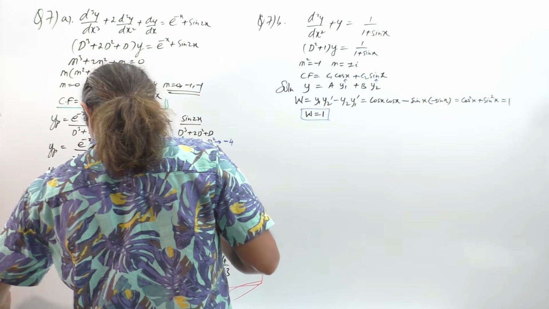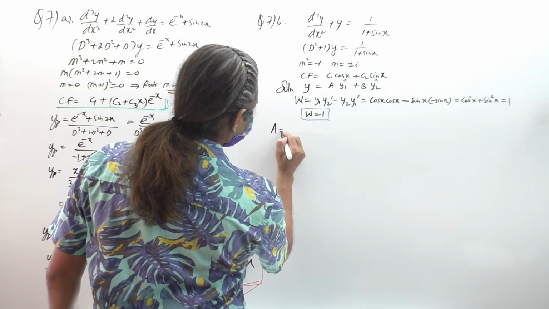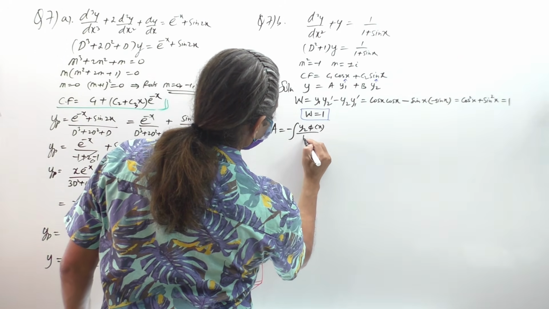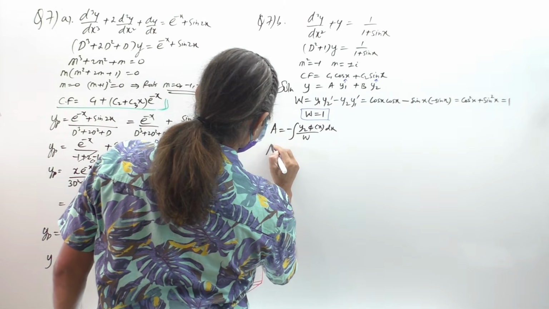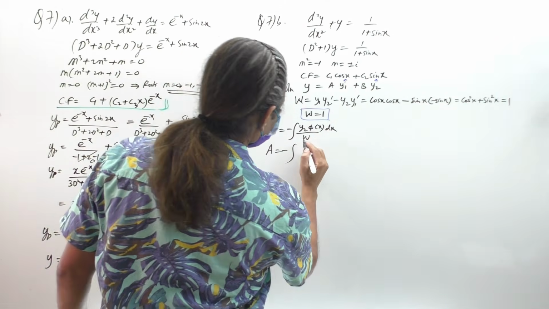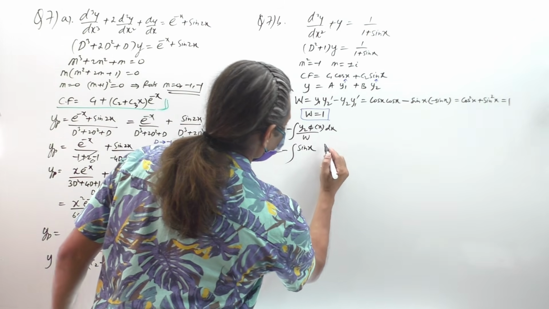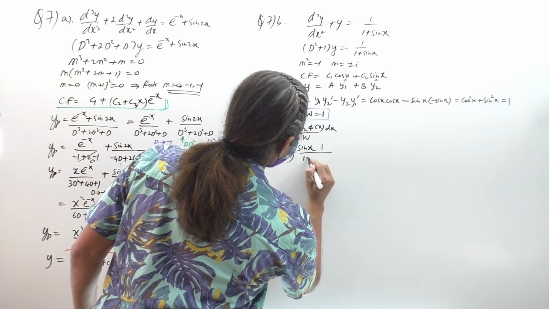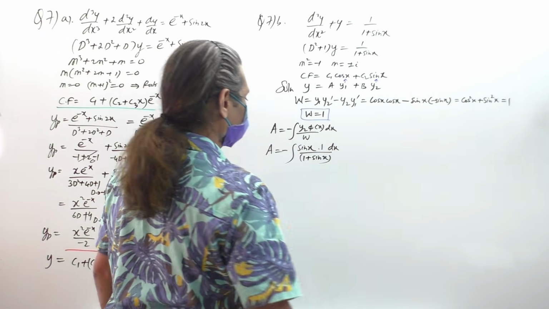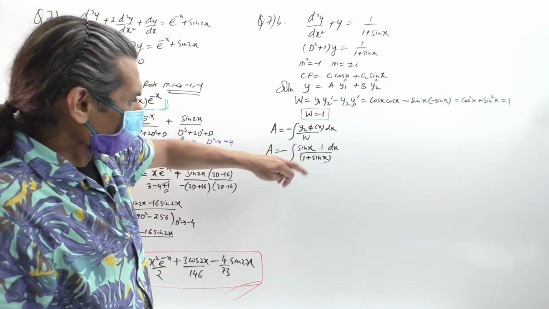Now the formula for A is minus integral of y2 into phi of x upon W dx. So that is A is equal to minus, what is y2? y2 is sin x. So what is phi of x? Phi of x is 1 by 1 plus sin x, into dx, because W is 1.